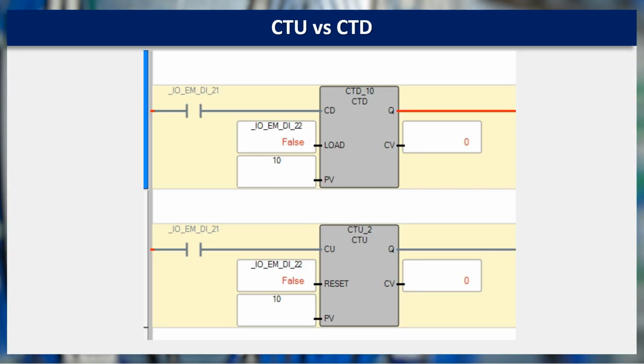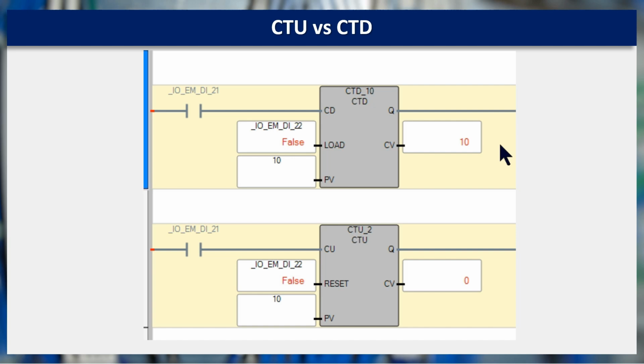Okay, so we're going to do a comparison between the countdown counter and the count up counter. I have made some inputs the same, so you can watch the two at the same time. So our load and reset are both 22, and I'm going to press the 22, and you can see there was no change on the bottom because we're looking to count from 0 and up.